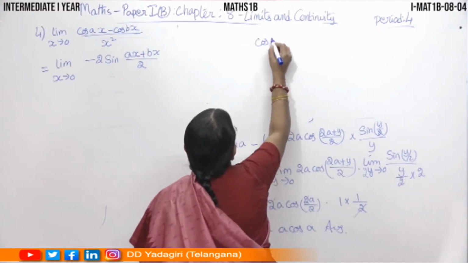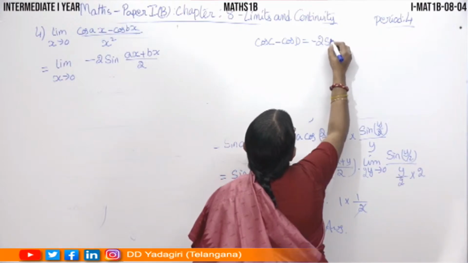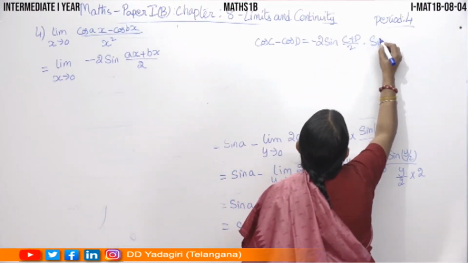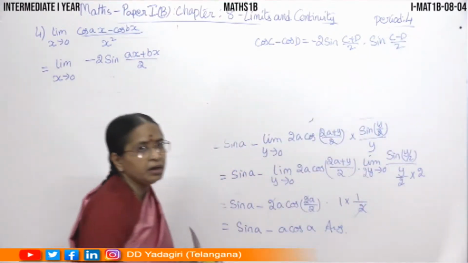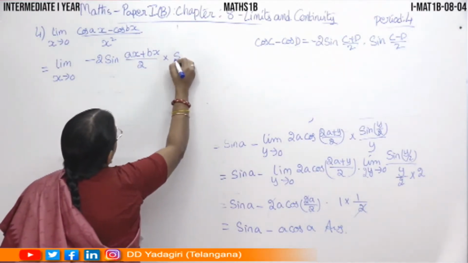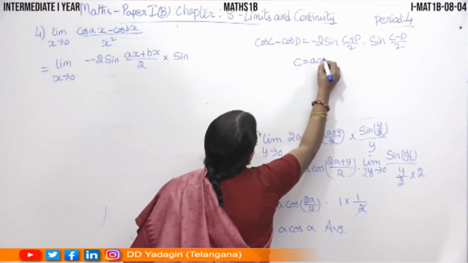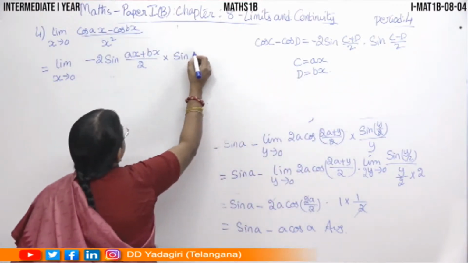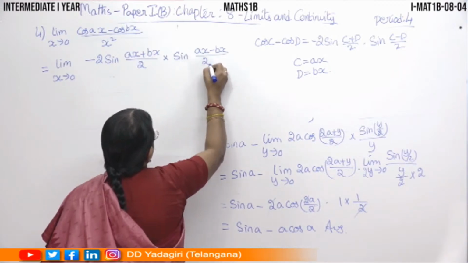Cos C minus cos D is equal to minus 2 sine (C plus D) by 2 into sine of (C minus D) by 2. This is the formula in trigonometry. What is our C here? C is ax and our D is bx. So C minus D is ax minus bx, by 2.